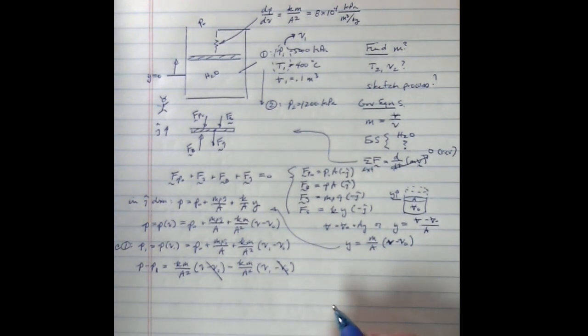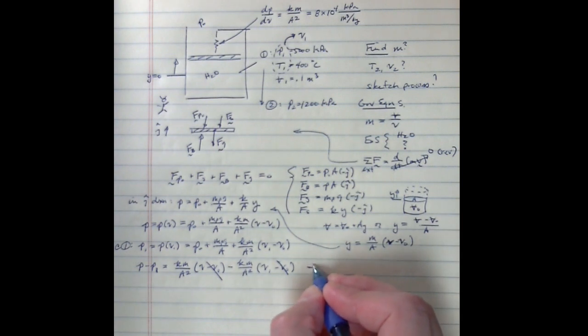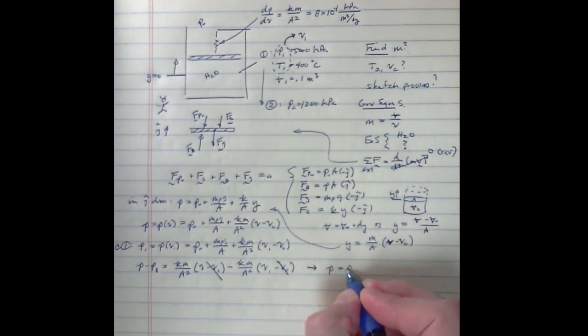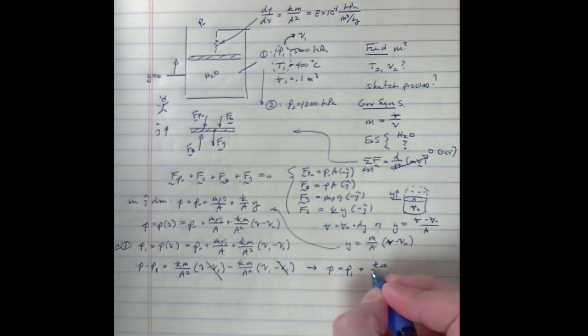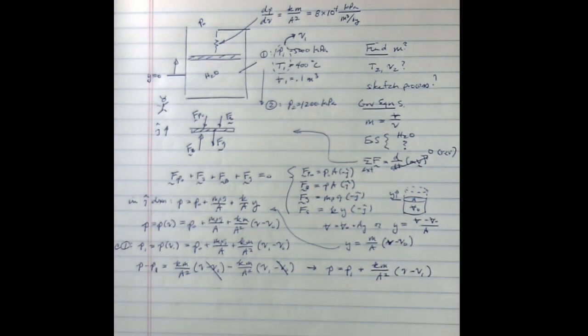And that leaves me with a very simple expression for the pressure now. Pressure is going to be P1 plus K m on A squared times v minus v1. This is pressure as a function of volume, where I've replaced all of these crazy constants that appear right here in terms of P1 and v1.